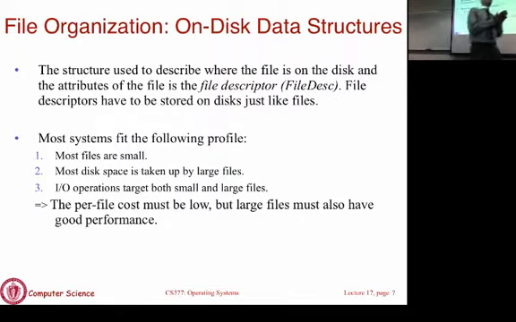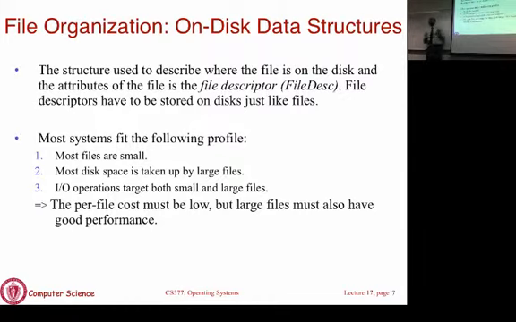How we will use it is as follows. Number one, you want to try to optimize for the common case. When you design any system, you always ask what's the common case. The common case better be fast. If the common case is slow, then your entire system will be slow. So if most files are small, you want your file system performance to be good for the common case, which is small files.